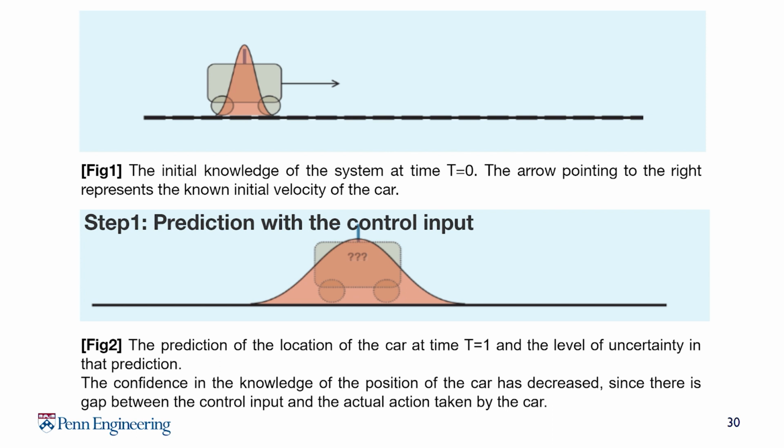As the car is moving to the right, our confidence will decrease, because there is always cumulative error, and we will be more and more uncertain about our estimation.